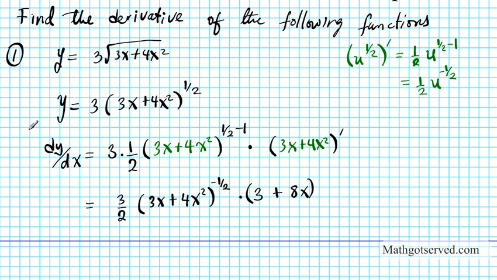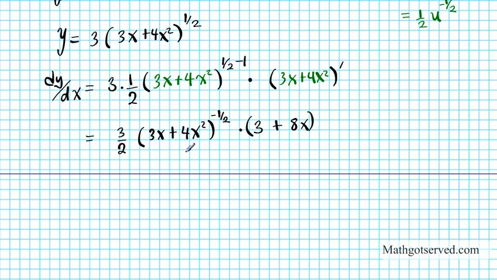All right. Now, let's simplify and rewrite this. So this is going to become 3 over 2 times, using the law of exponents, this can become a denominator, so 1 over 3x plus 4x squared raised to the positive 1/2, times, using the commutative property of addition, we can write this as 8x plus 3.